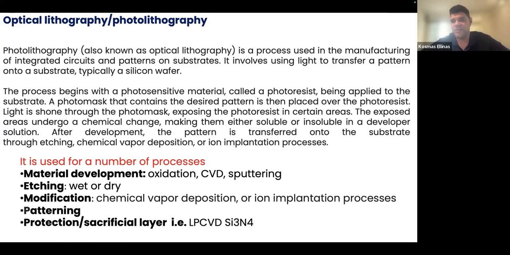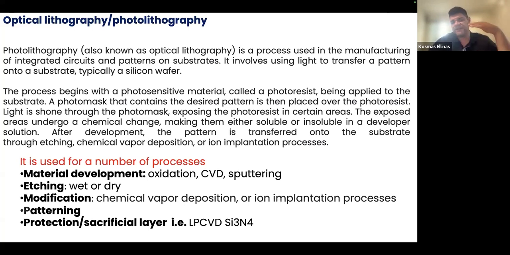And it is actually a process in which a pattern is transferred on a substrate. This substrate, because this methodology started to be used in integrated systems, typically is a silicon wafer. But nowadays, photolithography is also used to do patterning on different types of materials.